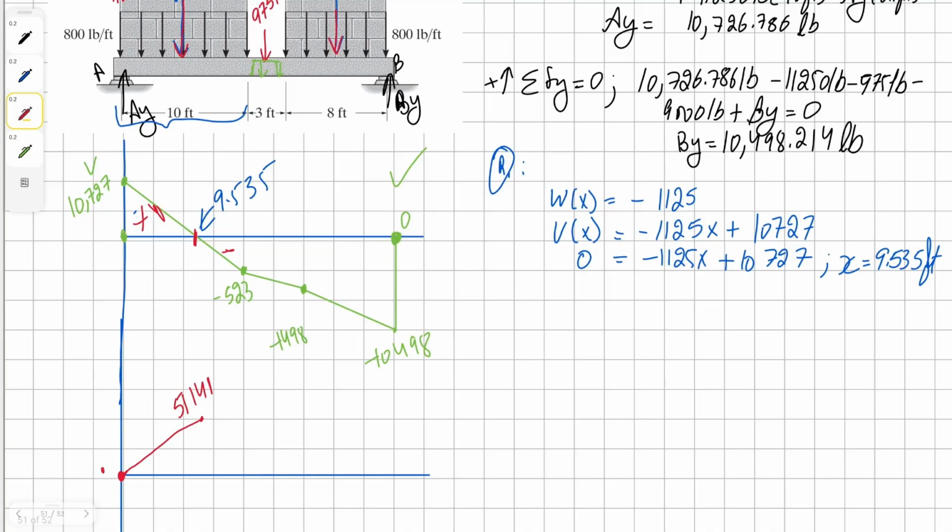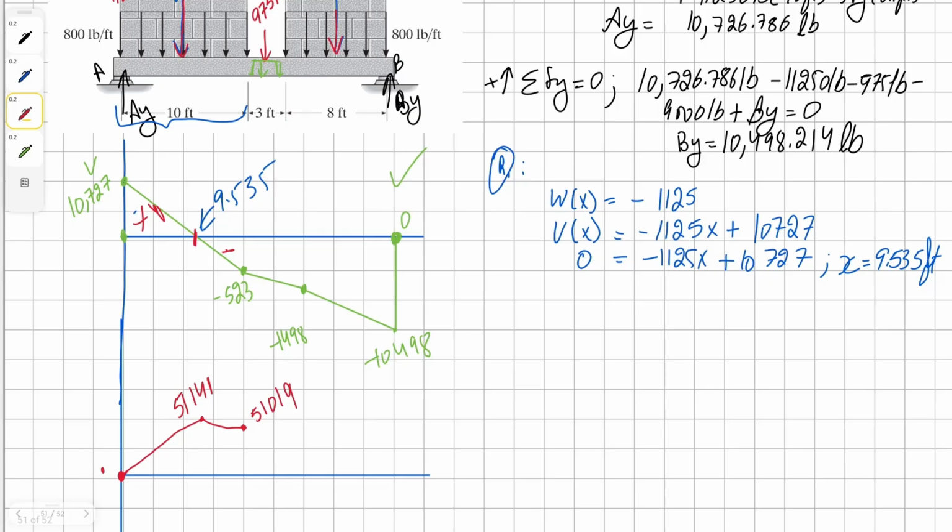So 141 take away 122, and we are at 19, and this will be concaving downward. Pardon me, the curve will be concaving upwards here.